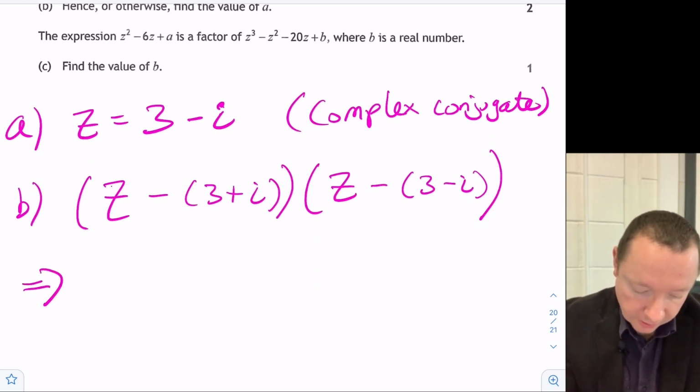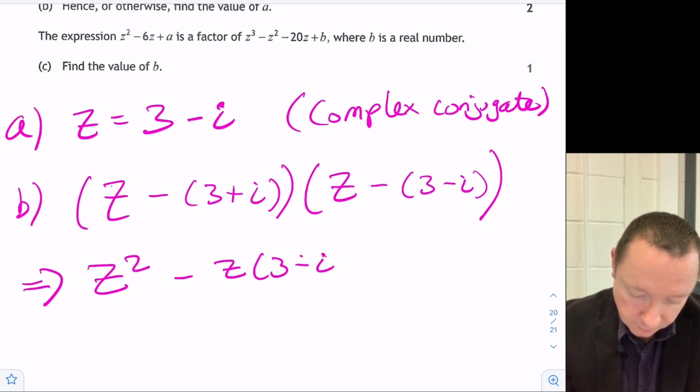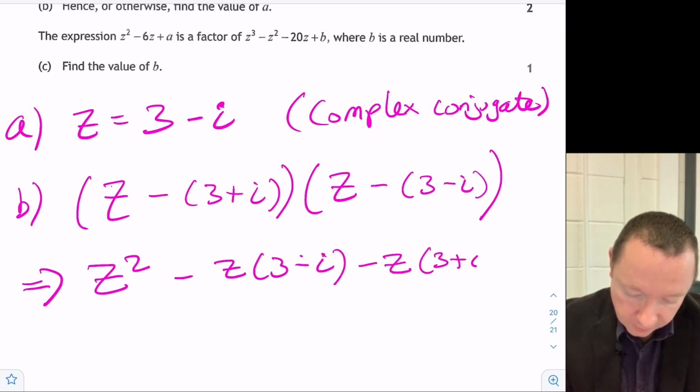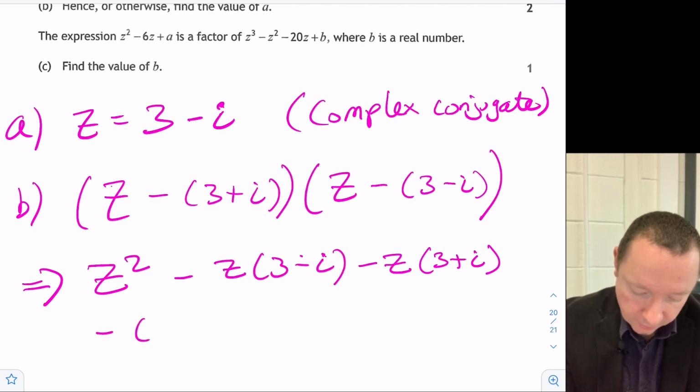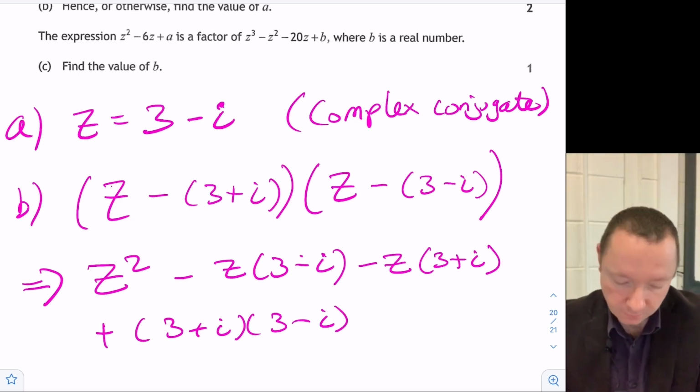So that gives us z squared minus z times 3 minus i minus z times 3 plus i minus 3 plus i times 3 minus i. It'll be a plus actually, because minus times a minus is a plus.